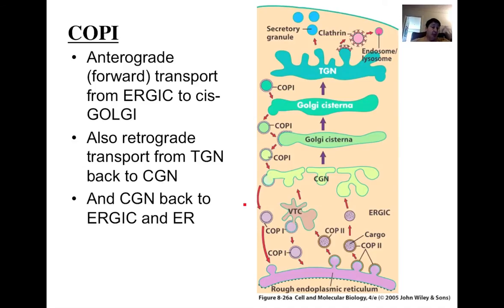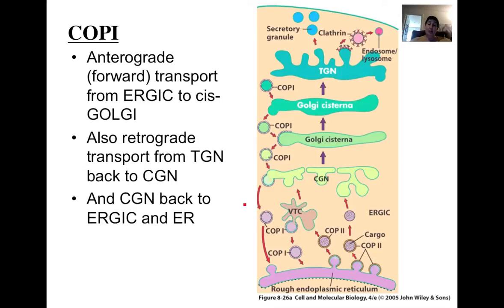So COP2, think of COP2 as forward transport. Forward transport is called anterograde transport. That's COP2. COP1 only does retrograde transport. Retrograde transport, and we know that COP1 functions in every stack of the Golgi.